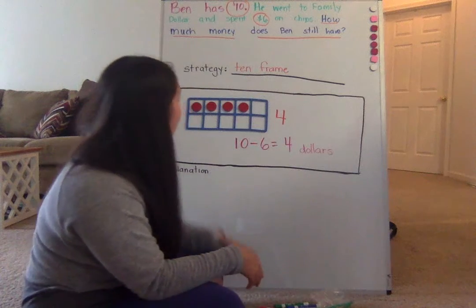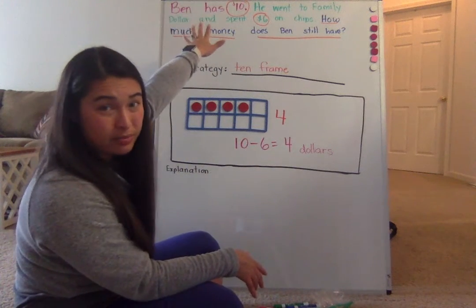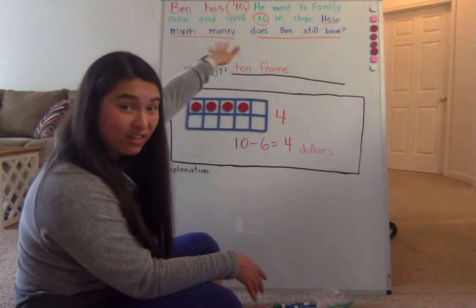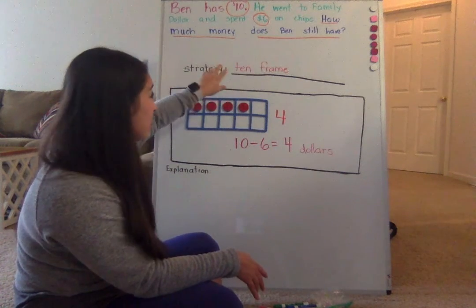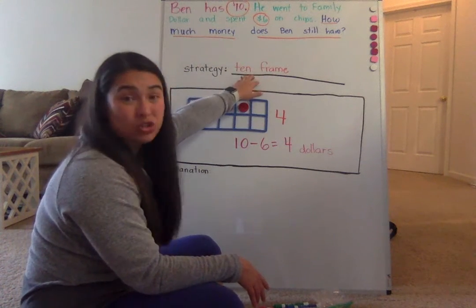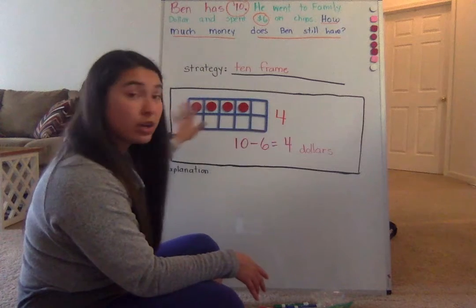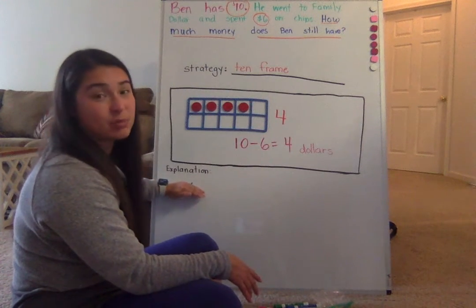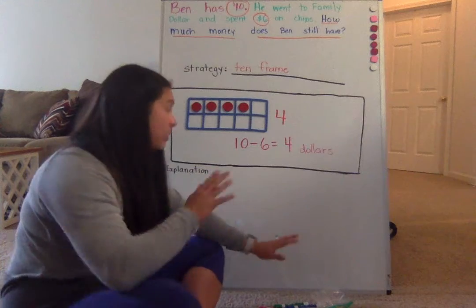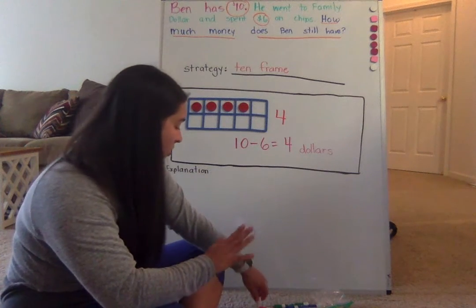So the first thing we did was we read our story. Then we found all the important information and we underlined the question. Next, we had picked out our strategy. And then we showed our strategy, right?